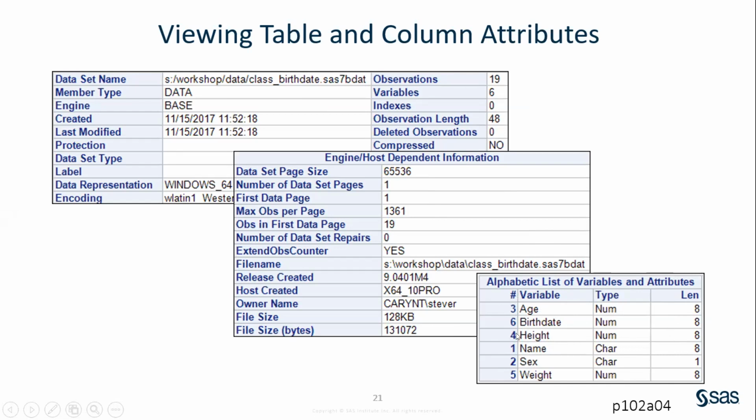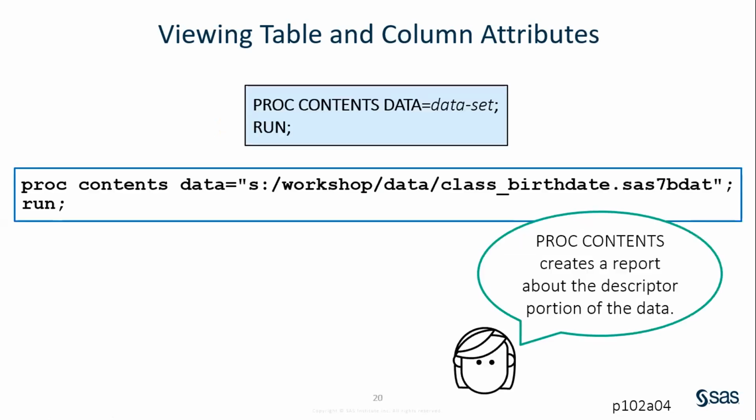And what is this column? It is the position originally in the table. So in this table called class birth date, at first position we have name, but it's coming here in this order because it's showing the column names alphabetically.